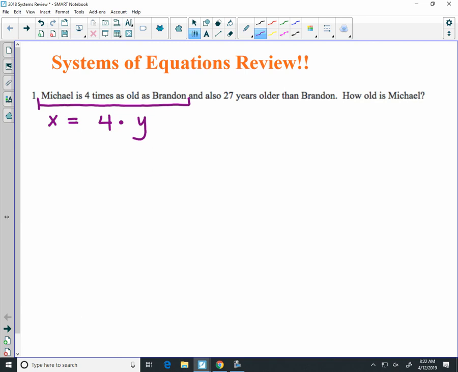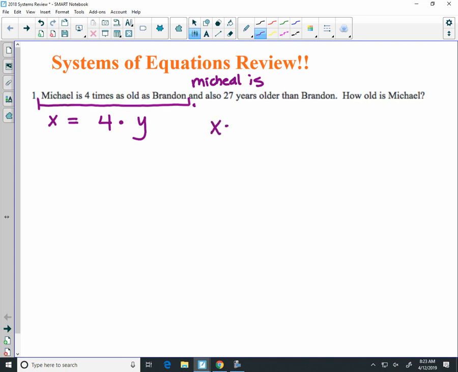It says, and also 27 years older than. So we could break this into 2 sentences and say Michael is 27 years older than Brandon. If you don't have 2 sentences, I would almost write an extra sentence so that you have that Michael is, so you can do X equals.